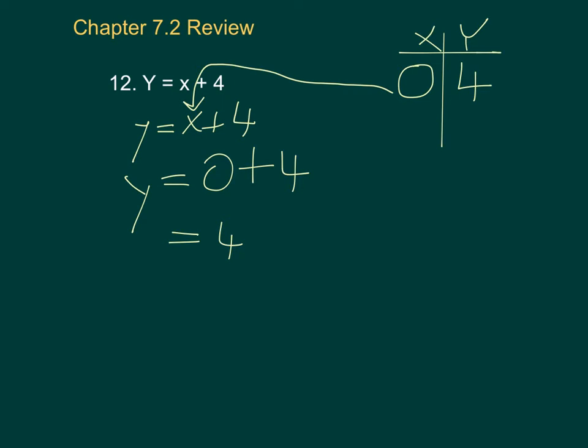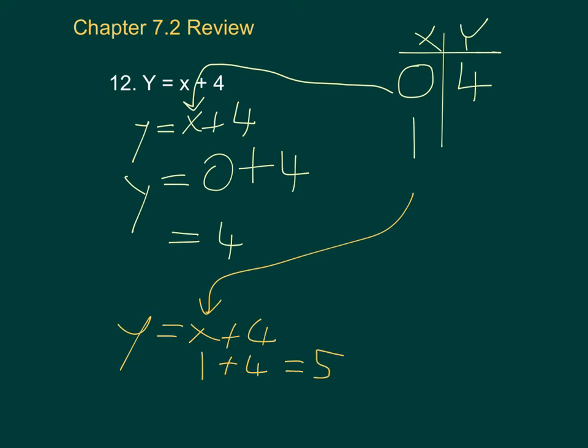Next easiest value is probably 1. So if I plug in y equals x plus 4, I plug in 1 for x. 1 plus 4 equals 5. And finally, if I want to try 2, then I do y equals x plus 4.